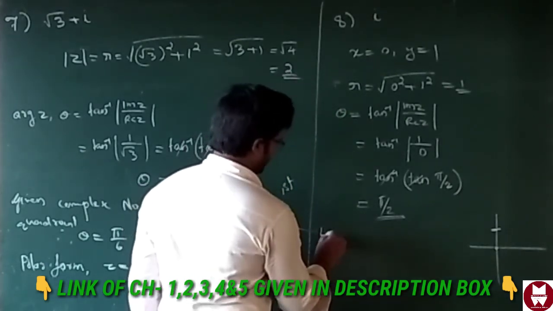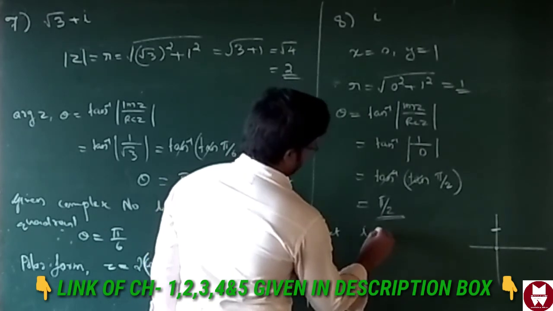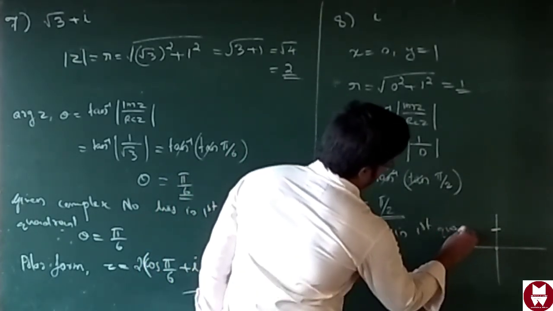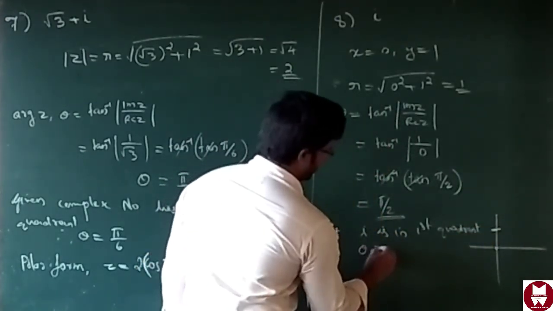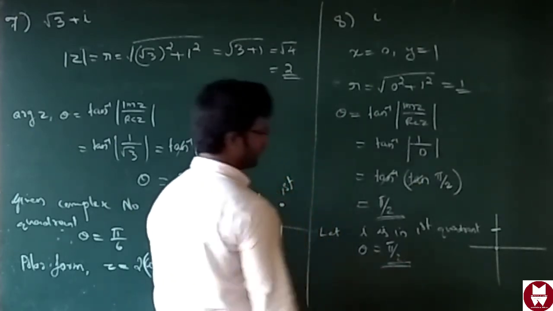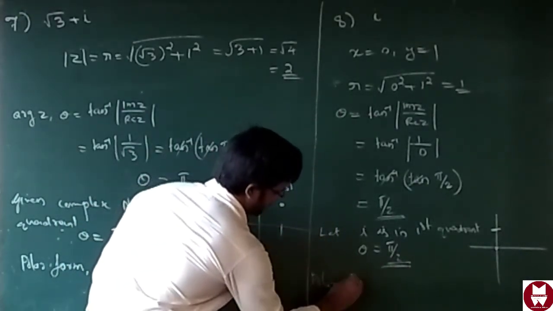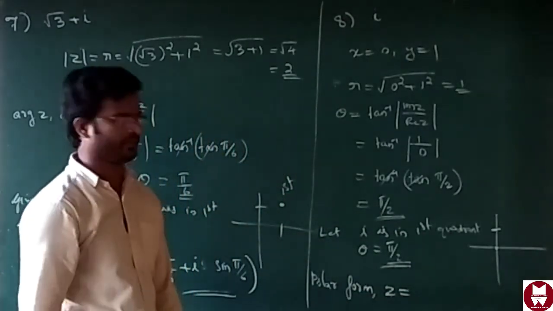Then let i be in the first quadrant. Just consider i in the first quadrant. That time theta is the same, no need to change. You will get pi by 2. Then the polar form. That is z equal to r cos theta. What is r?